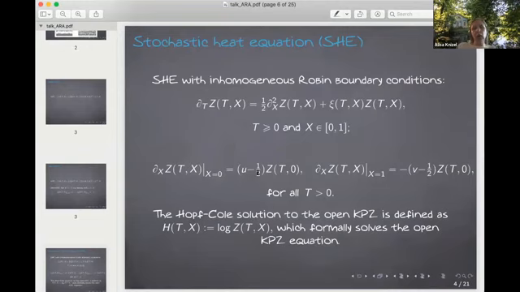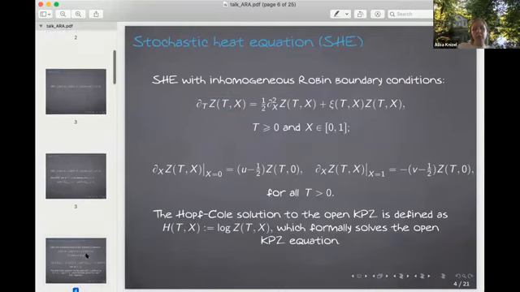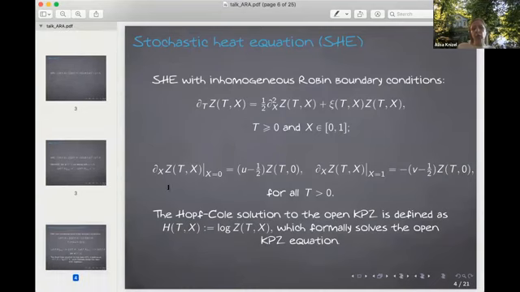So now if we consider the stochastic heat equation, which is written here, with the following boundary conditions, also these derivatives are written in terms of the parameters u and v. Then formally, it's much easier to make sense of the solution for the stochastic heat equation.